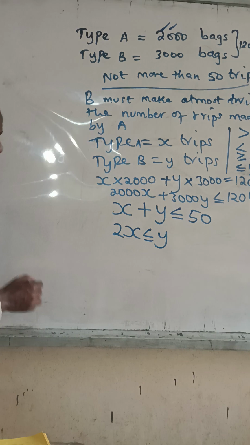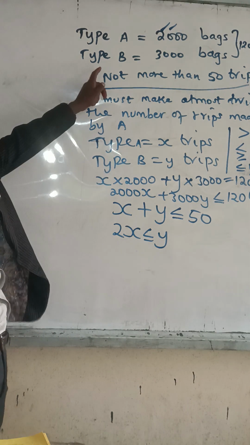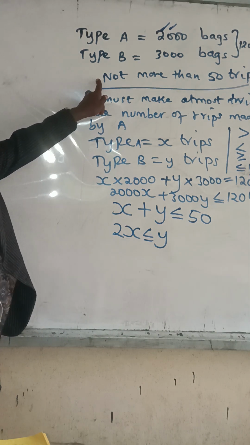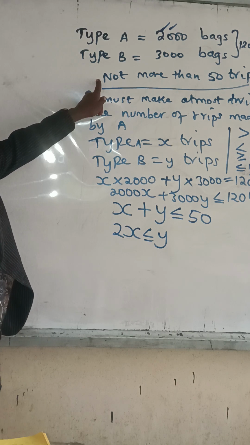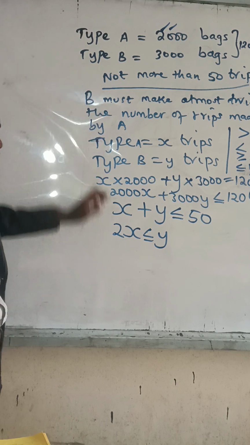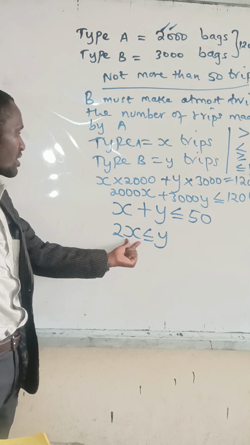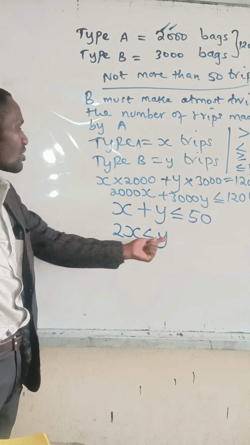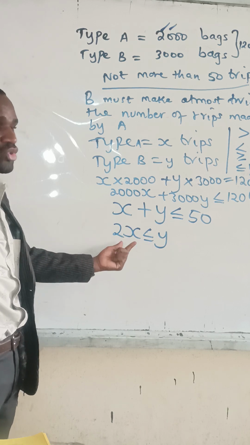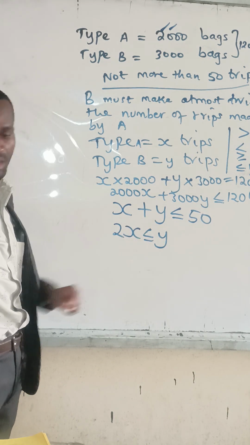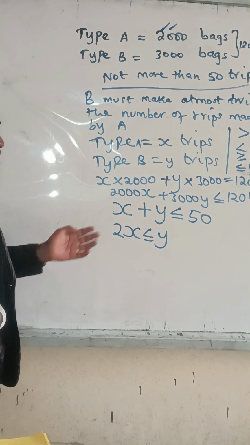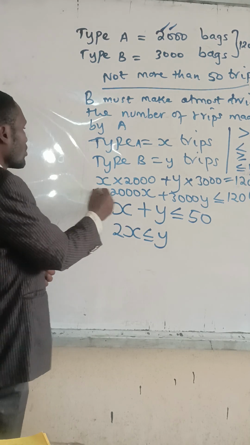Because what B makes should be at most twice what A makes. So for them to be equal, whatever A makes is multiplied by 2. So 2x is less than or equal to y. And those are the inequalities we were supposed to form.